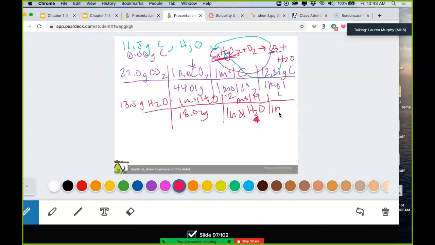And 1 mole of hydrogen is 1.01 grams. So 13.5 divided by 18.02 times 2 times 1.01 is 1.51-ish. 1.51 grams are hydrogen. So if you take your sample that has carbon, hydrogen, oxygen, and you subtract the carbon from it and you subtract the hydrogen from it, you should get what oxygen is.